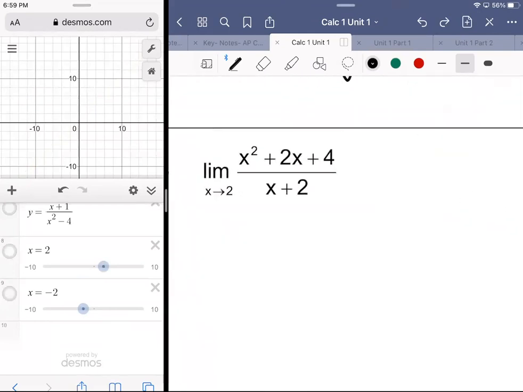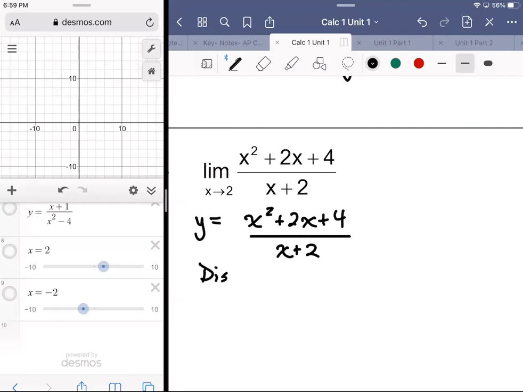Taking a look at this, we have the function y equals x squared plus 2x plus 4 over x plus 2. That has a discontinuity at x equals -2, specifically a vertical asymptote.